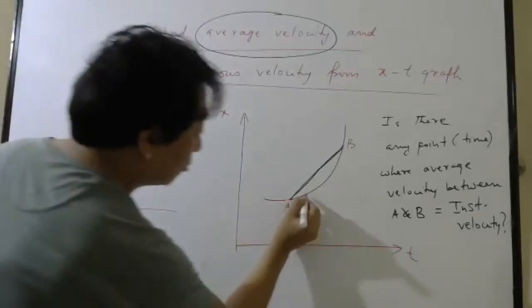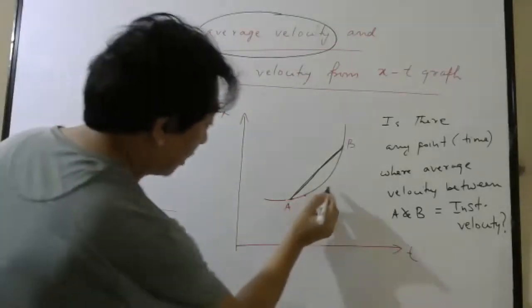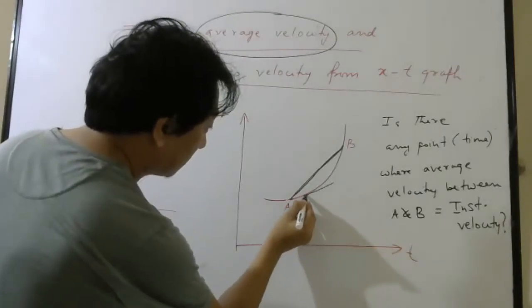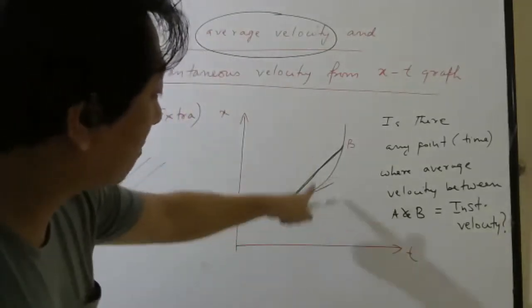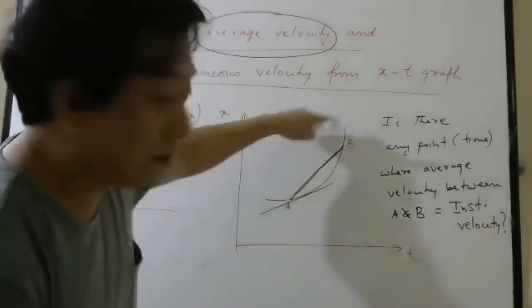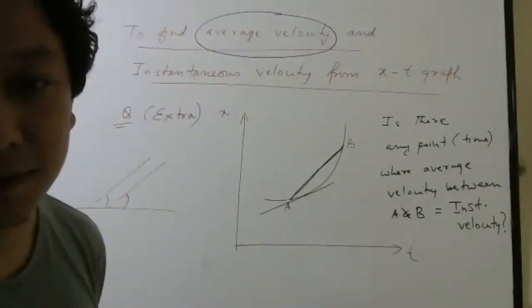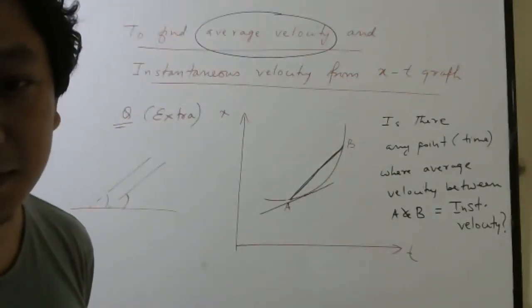So let me say I choose this point. If I draw a tangent, it will be like this. Can I say the line joining A and B and the tangent at this point are parallel? Yes or no?